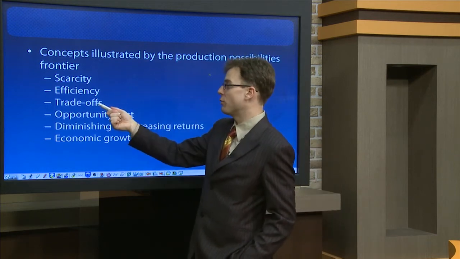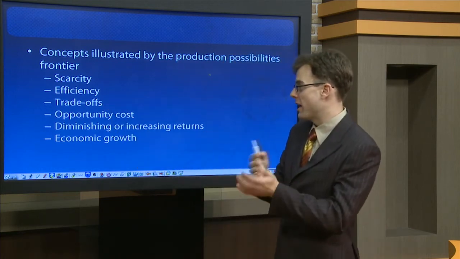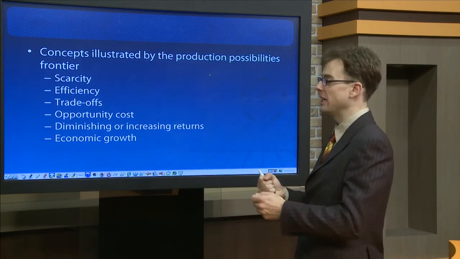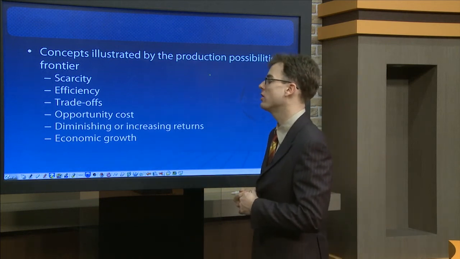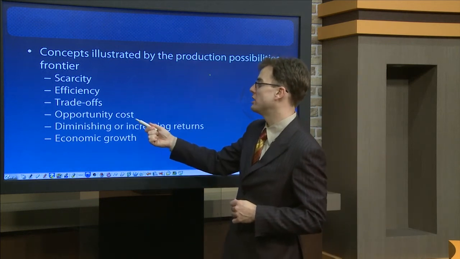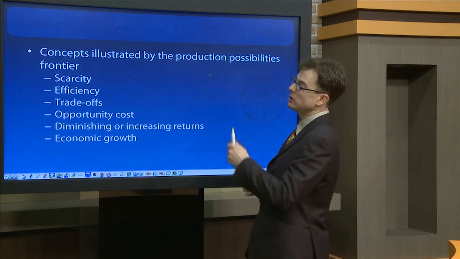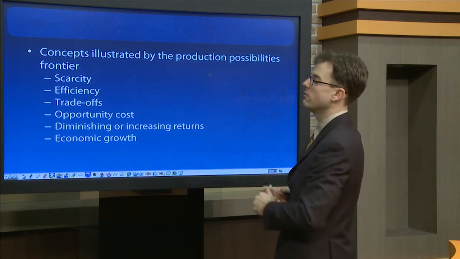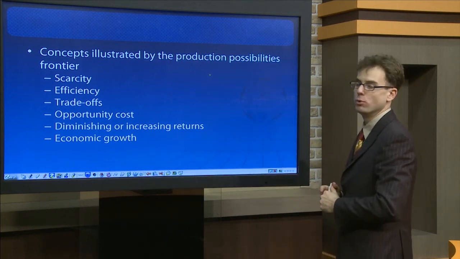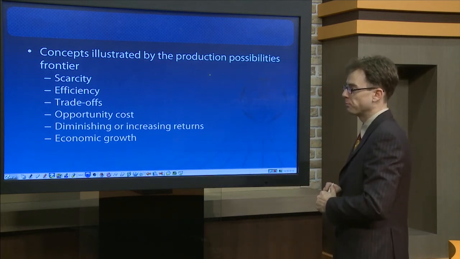It shows us the trade-offs that producers face in producing one commodity relative to another commodity. It shows us the concept of opportunity cost. What has to be given up? How many units of one commodity have to be given up to produce an additional unit of the other commodity?